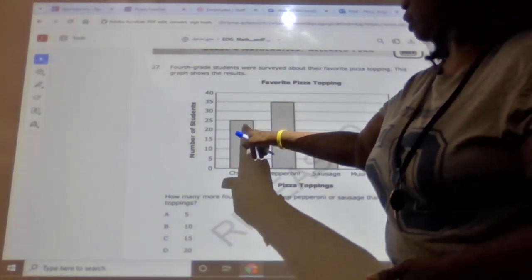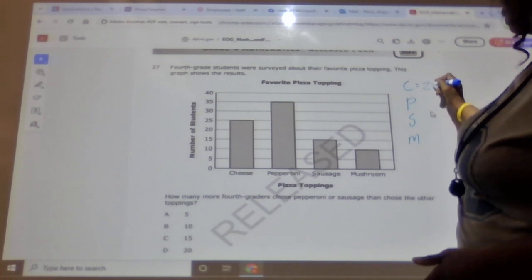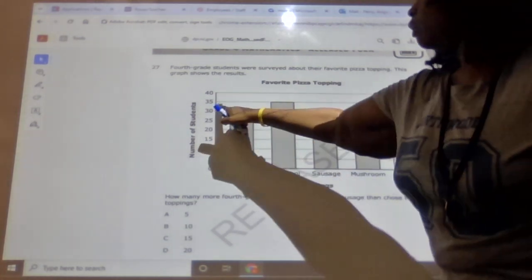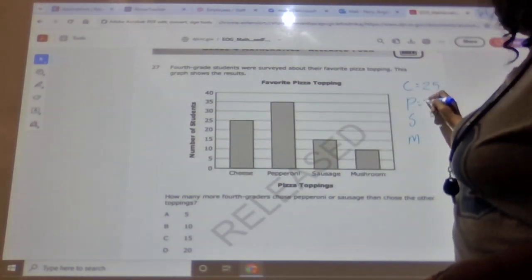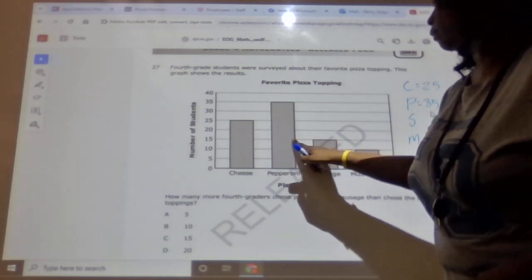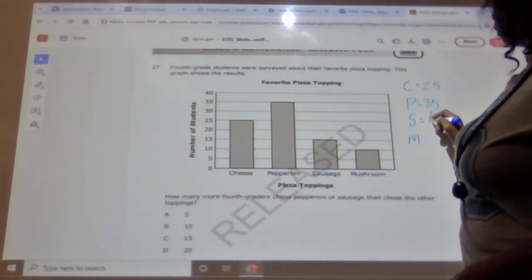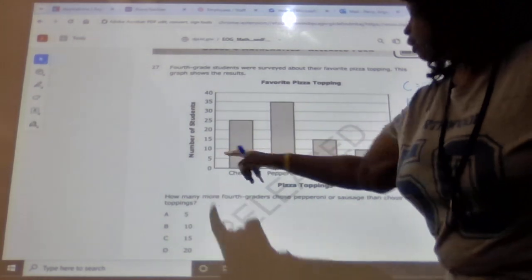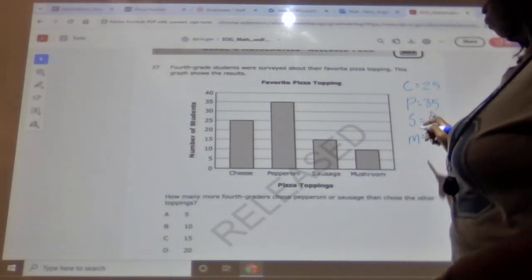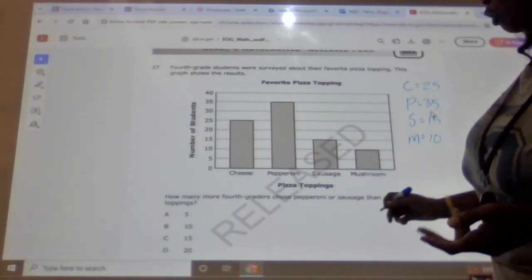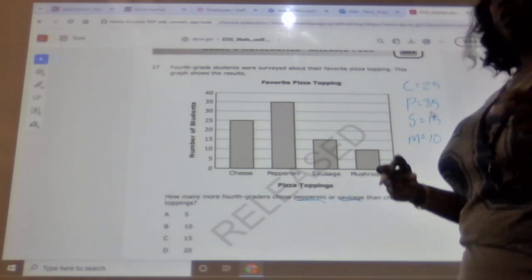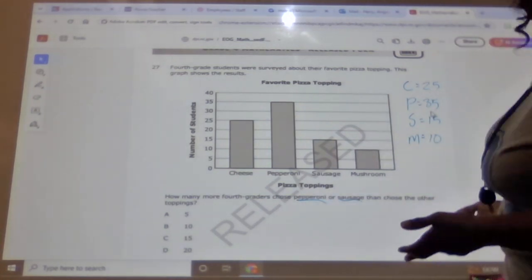They will put like C, P, S, and M, and actually write those numbers out since this will be on their computer screen. So I know it's 25 cheese, 35 pepperoni, 15 sausage, 10 mushroom. Okay, so how many fourth graders chose pepperoni or sausage? So let me see how many pepperoni and sausage that I have.